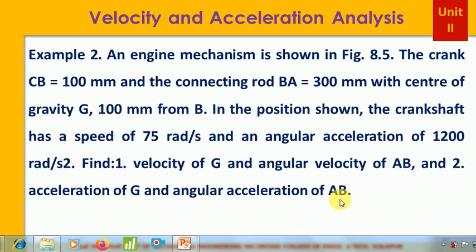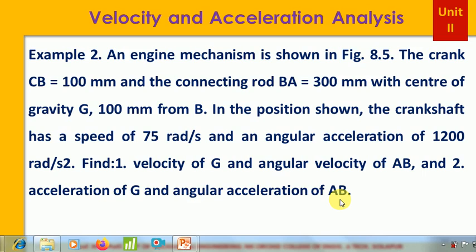Today we are going to study the second problem of velocity and acceleration analysis. It is given like this: an engine mechanism as shown in the figure has the crank CB 100 mm and the connecting rod AB 300 mm with center of gravity G 100 mm from B. In the position shown, the crankshaft has a speed of 75 radians per second and an angular acceleration of 1200 radians per second square.